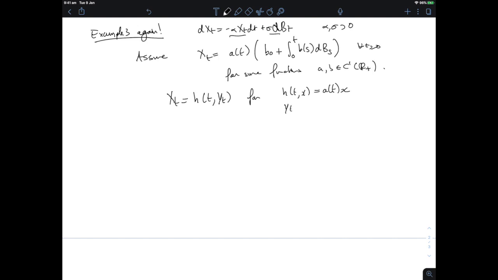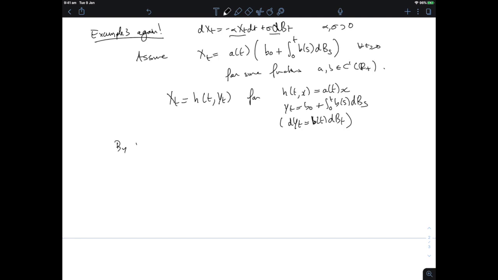So Y_t equals b_0 plus the integral from 0 to t of b(s) dB_s, which means in particular that dY_t is b(t) dB_t, and Y_0 is b_0. Okay, so let's try to find an X_t of this form.